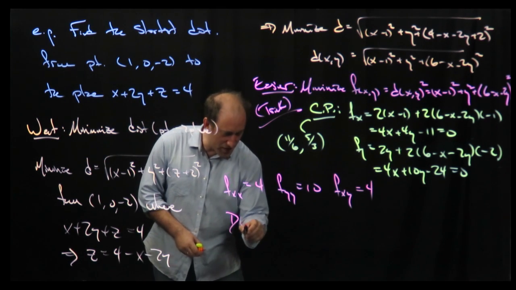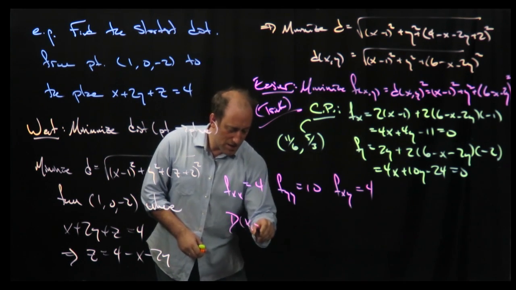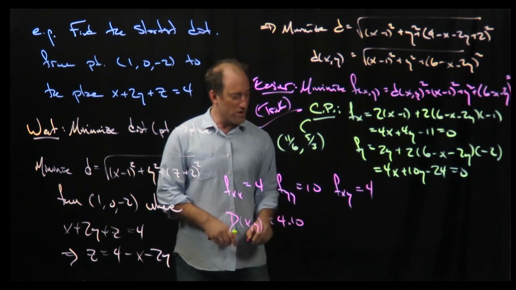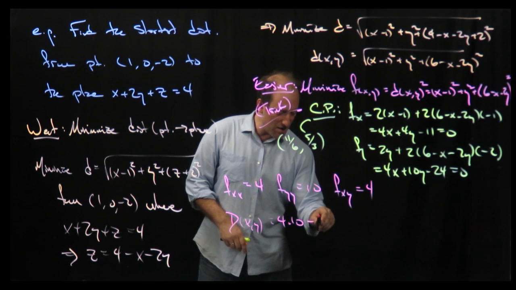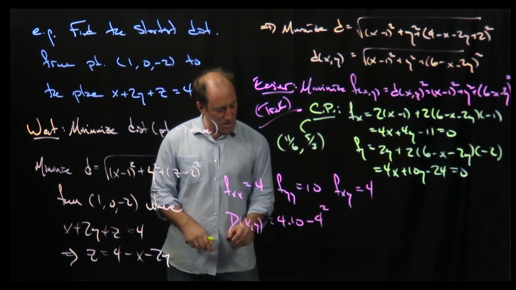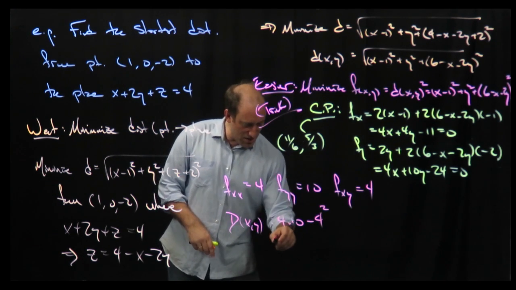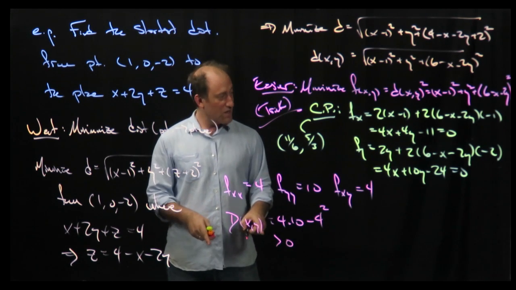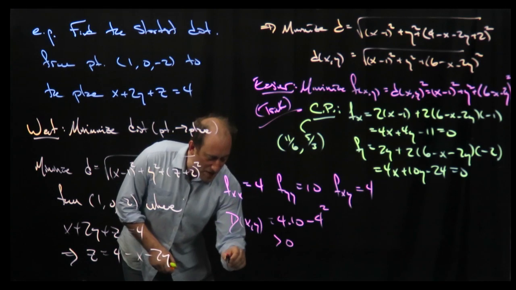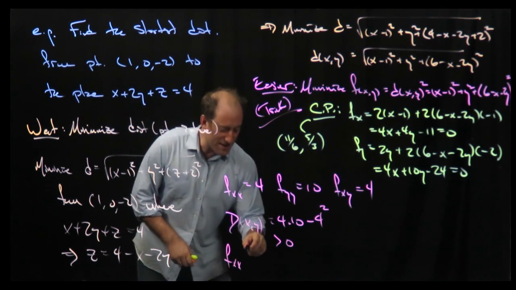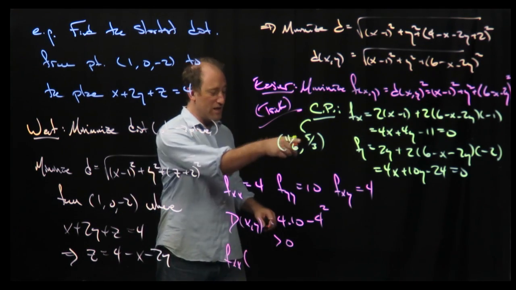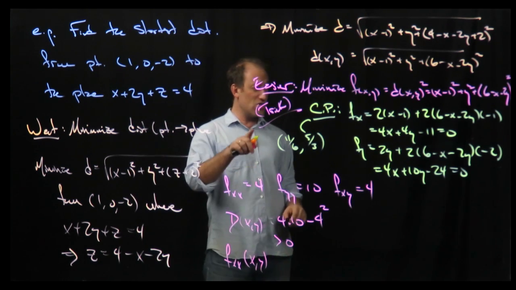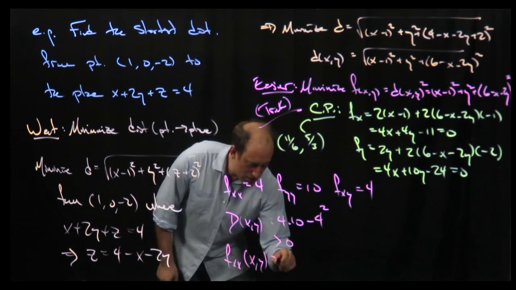So my d function of any x y will be fxx fyy, 4 times 10 minus fxy squared, which is then 40 minus 16. It's again some number which is positive. I need then to know what happens for fxx evaluated at 11/6 and 5/3. Well, fxx is always 4.